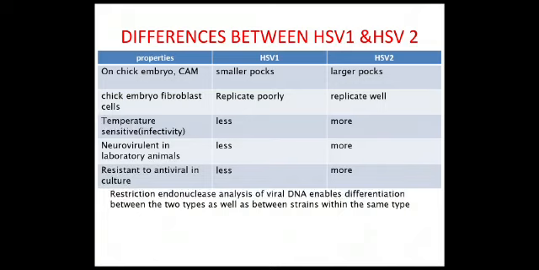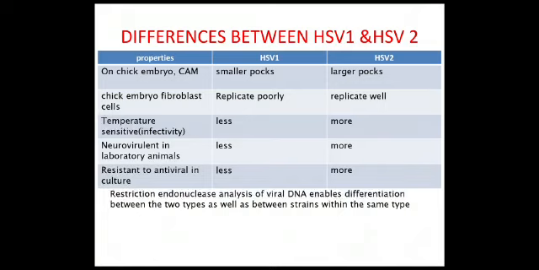To differentiate between the two types, HSV1 and HSV2, the pocks formed on the chorioallantoic membrane of an embryonated chick egg are larger with HSV2. On cell lines, especially chick embryo fibroblast cell lines, HSV2 replicates very well when compared to HSV1.